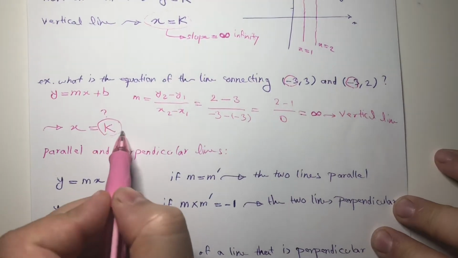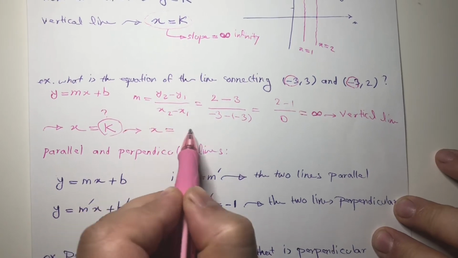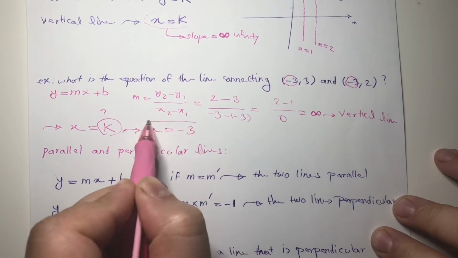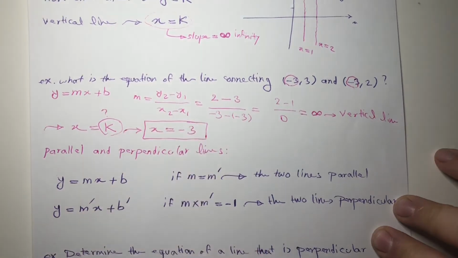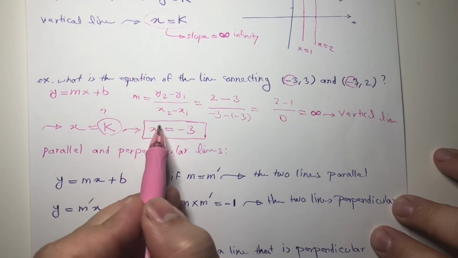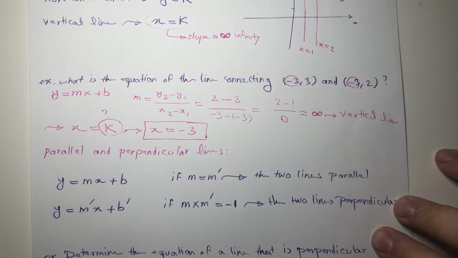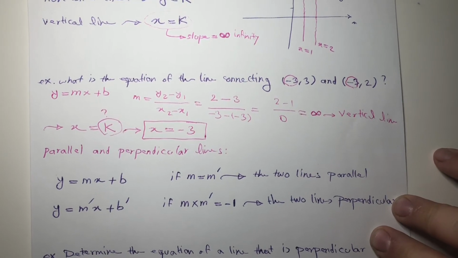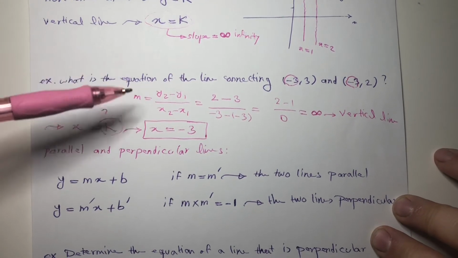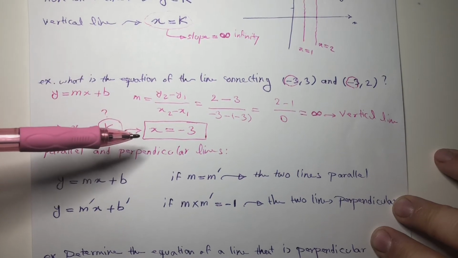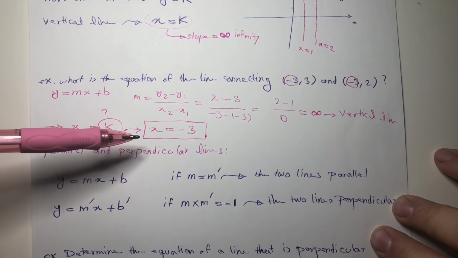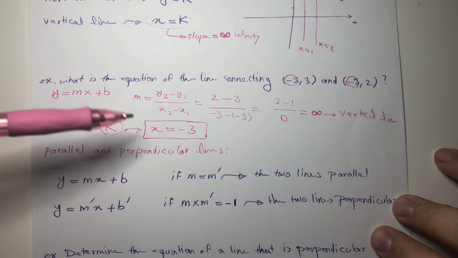So we can understand that x equals minus 3 all the time on this line. So this is the equation of the vertical line that this question is asking for. The important point to remember from this topic is that if you have a vertical line, the slope is infinity. If you have a horizontal line, the slope is 0.